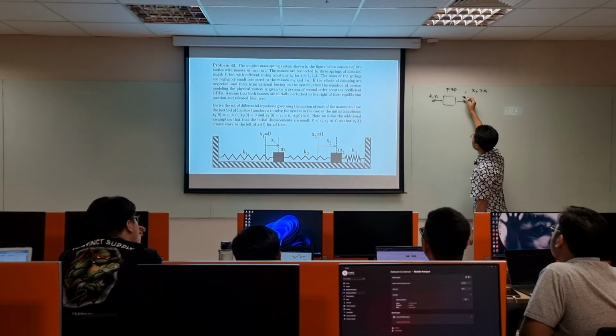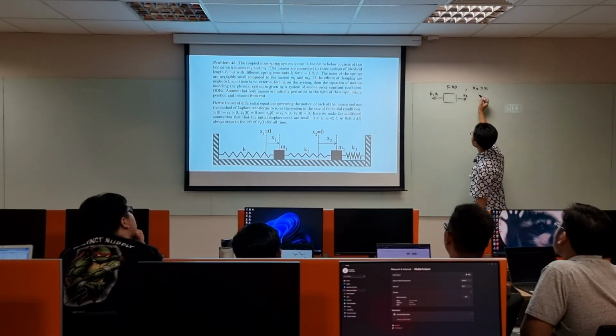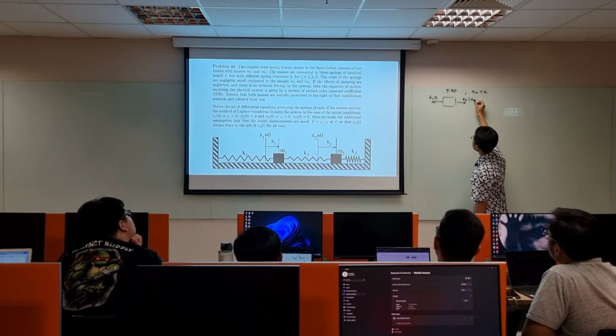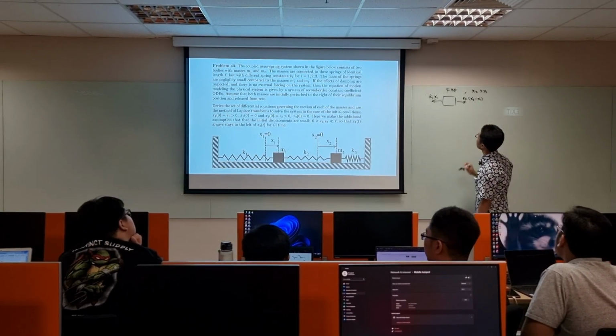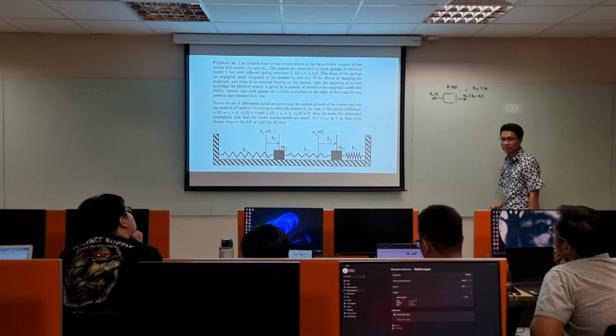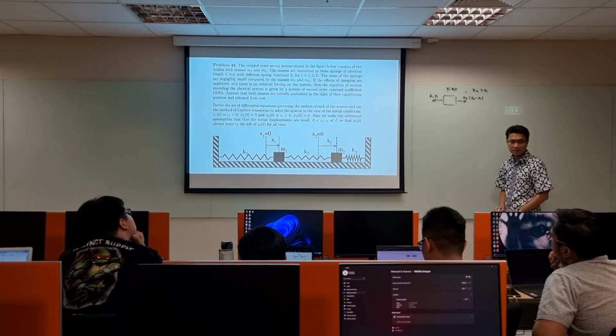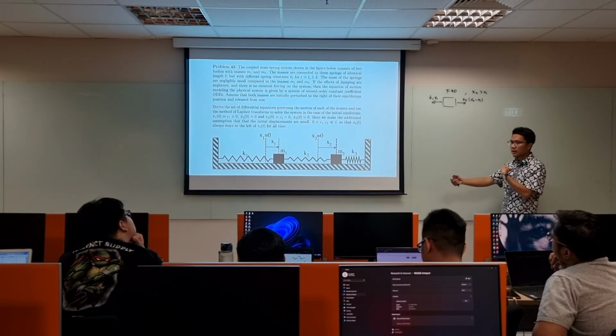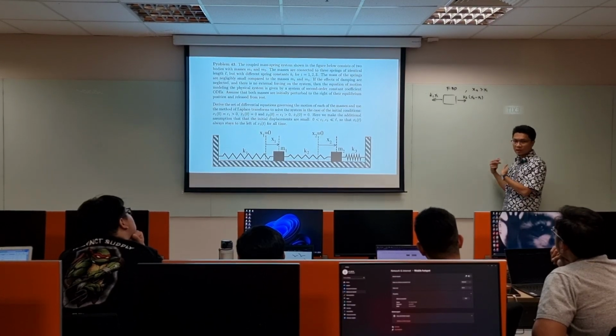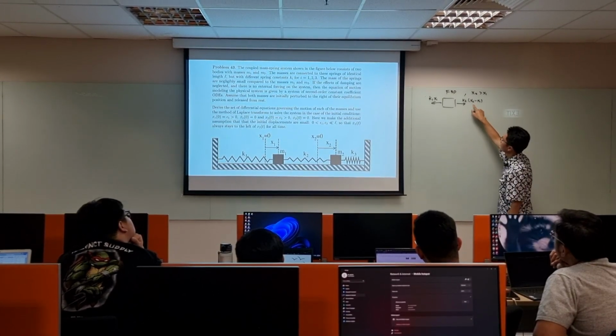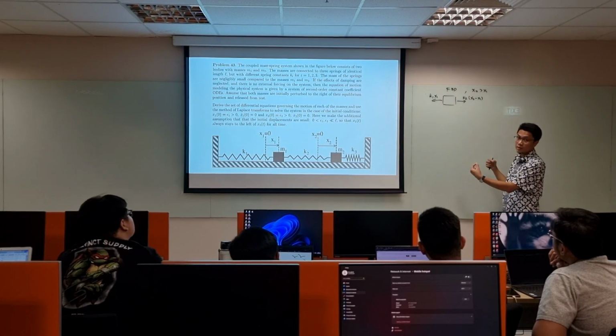Since x2 is greater than x1, the force is K2 times (x2 minus x1). Because the spring is extended, the mass is pulled to the right, because of the difference between x2 and x1.